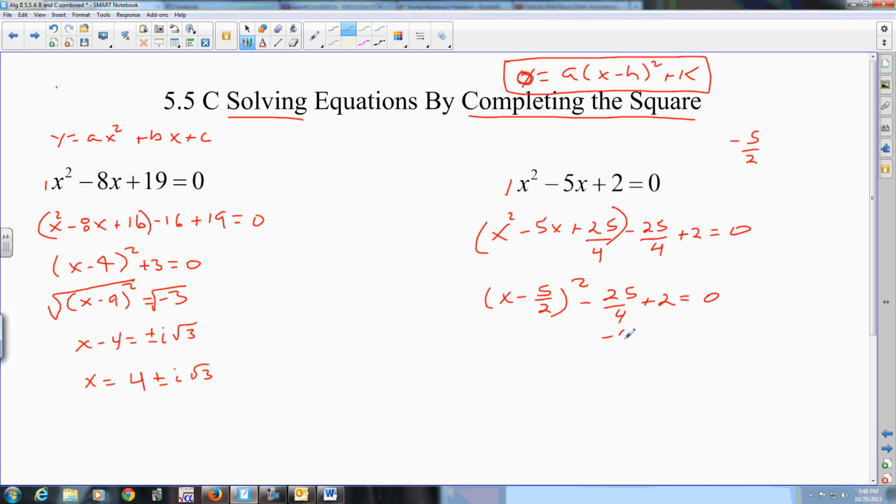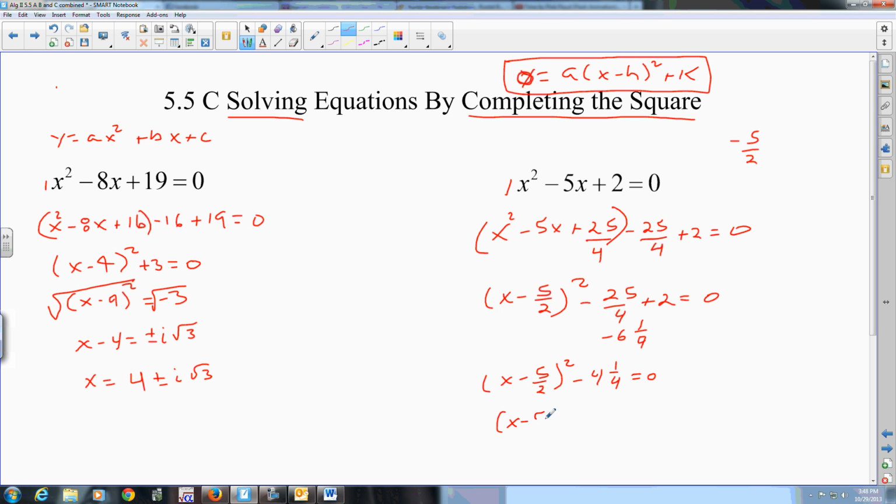This is minus 6 1/4. I don't know why I just rewrote that. Sorry about that, guys. It's minus 6 1/4 plus 2. So x minus 5 halves squared minus 4 1/4 is equal to 0. Now, seeing what's coming, I have to take this to the other side. I'm going to write it as a mixed fraction: 4 times 4 is 16 plus 1 is 17.